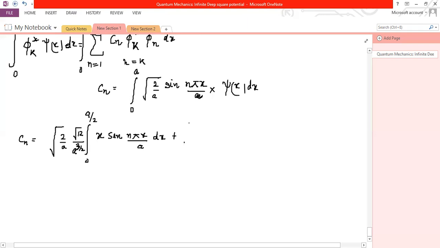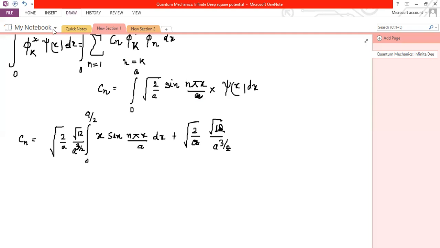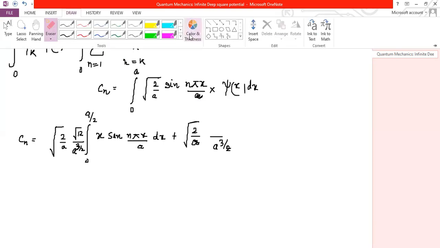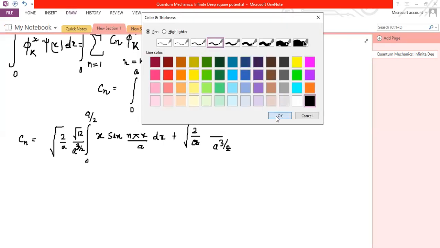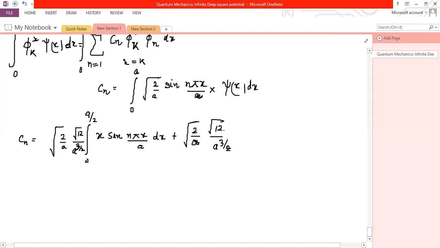Then again plus root 2 by a, and then this particular fellow would come, root over 12 upon a raised to power 3 by 2, and integral from a by 2 to a.